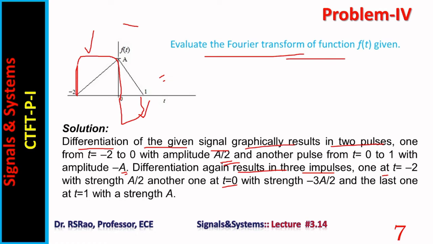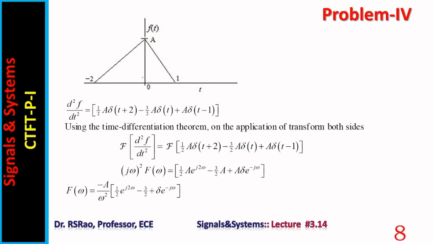So differentiating these pulses results in 3 impulses. One impulse here at t equal to -2, it is positive. Another impulse at t equal to 0, it is negative. Another impulse at t equal to 1, it is positive. So therefore, we have differentiated the signal twice.